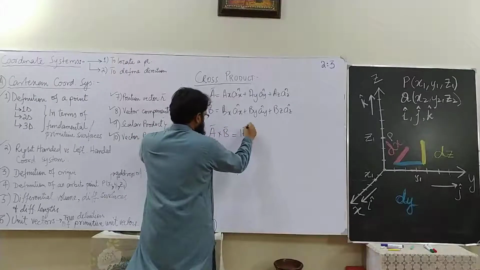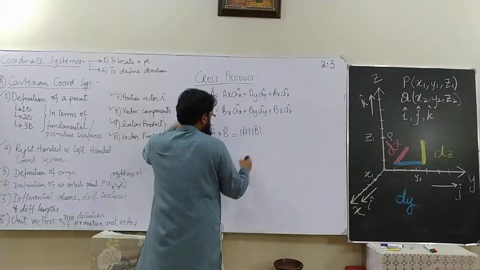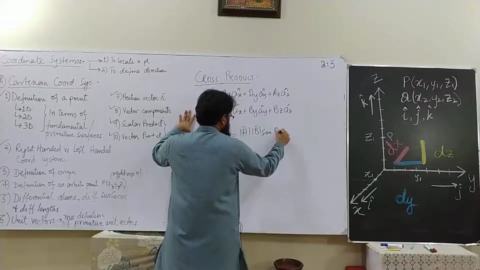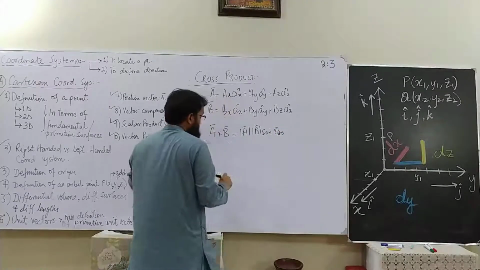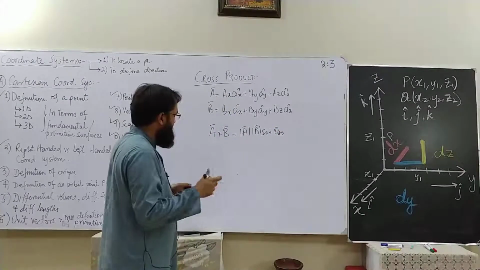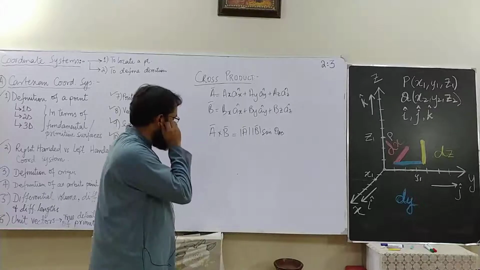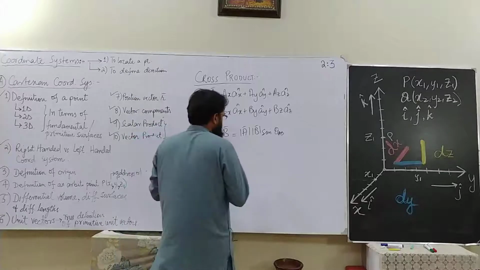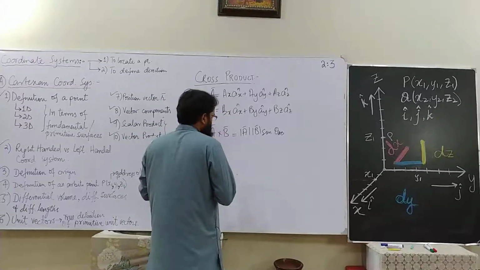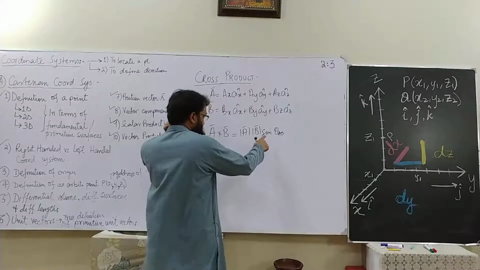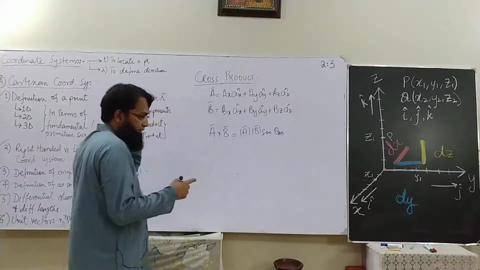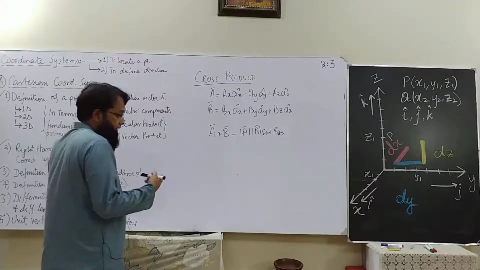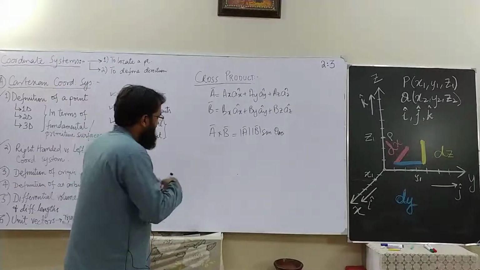So we all know that it is magnitude of a into magnitude of b into sine of theta from a to b. Now since we are using sine, the direction is also important, because cos of minus theta is cos theta, but sine of minus theta is not sine theta, it is minus sine theta.